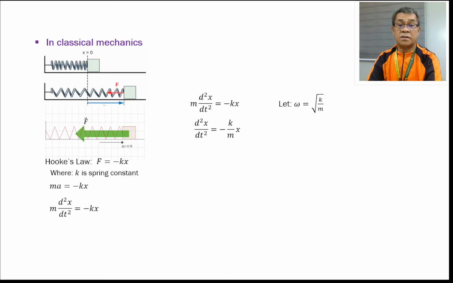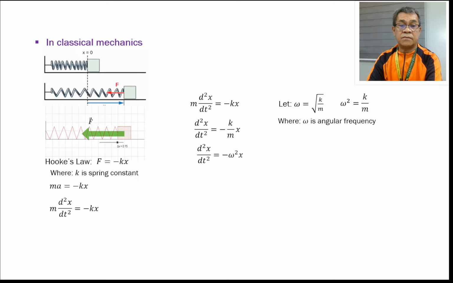We can solve that if we let omega be the angular frequency, which is the square root of k over m. Then the square of omega is just equal to k over m, which means we can replace k over m by omega squared.